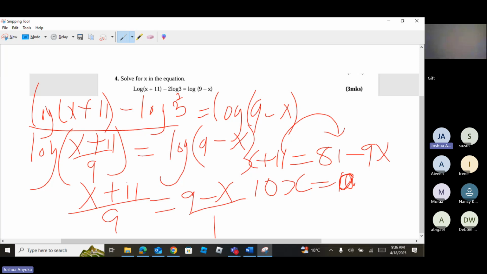We subtract: 81 minus 11 is 70, over 10. x is equal to 7. I think, if I'm not wrong, x is equal to 7.